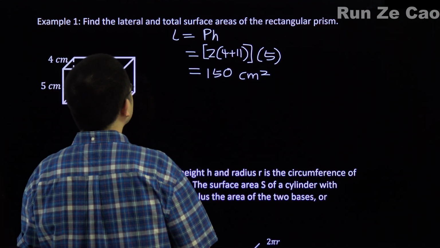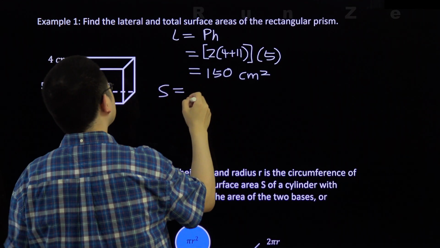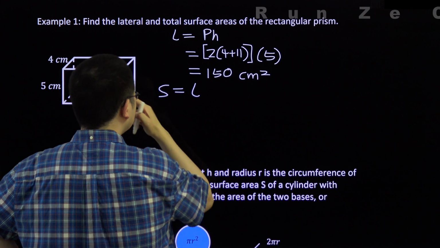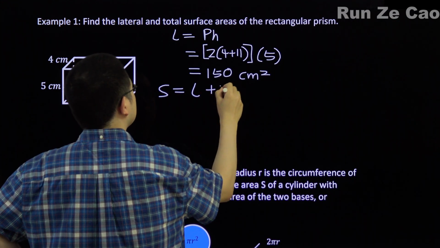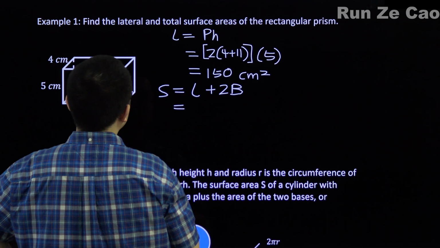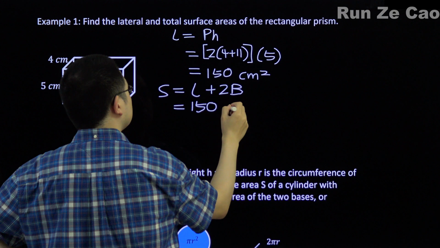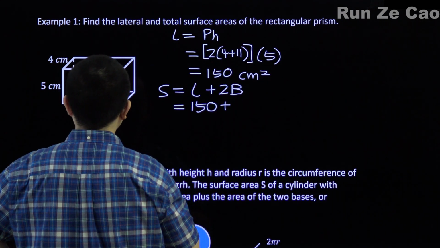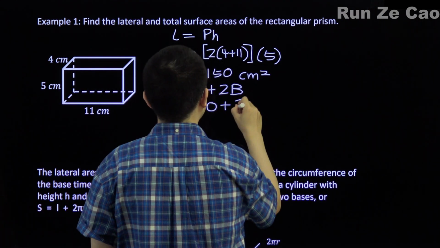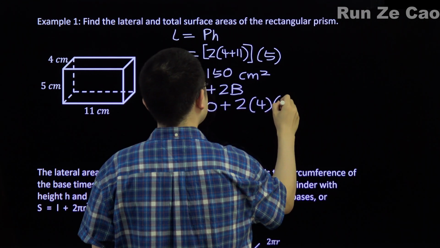So, the total surface area, S, is equal to the lateral surface area plus the two bases. So, the lateral is 150 plus 2 bases, 2 times the base is 4 times 11.